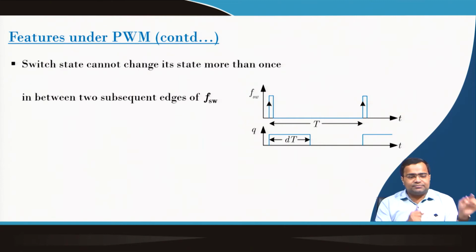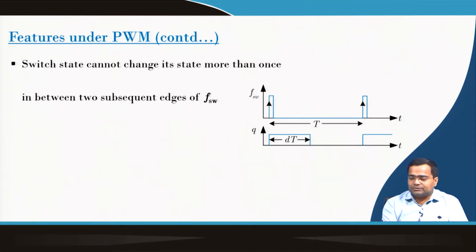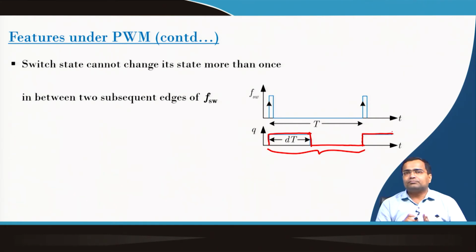What are the other features? In PWM operation, looking at this waveform, once the switch Q is turned off, we want the switch to remain off for the rest of the duration. That means we do not want false triggering or multiple switching.